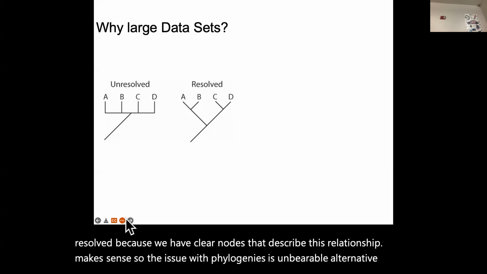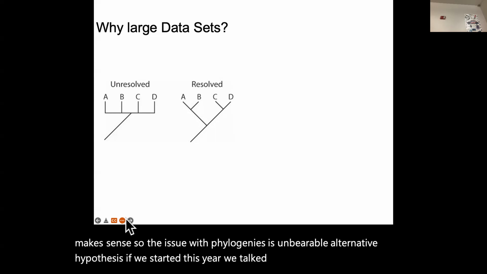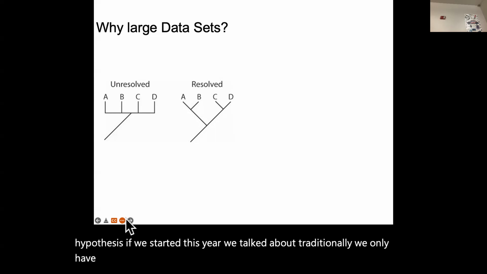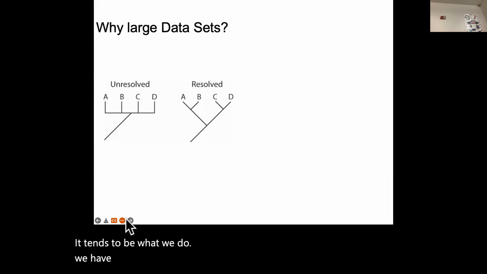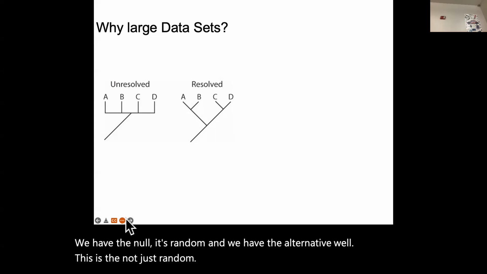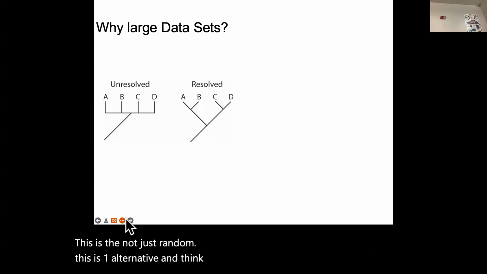When we started this unit, we talked about how traditionally we only have two hypotheses, which is stupid and ridiculous, but it tends to be what we do. We have the null, it's random, and we have the alternative. This is the null, it's just random. This is one alternative. The thing about phylogenies is you have many, many different alternatives.